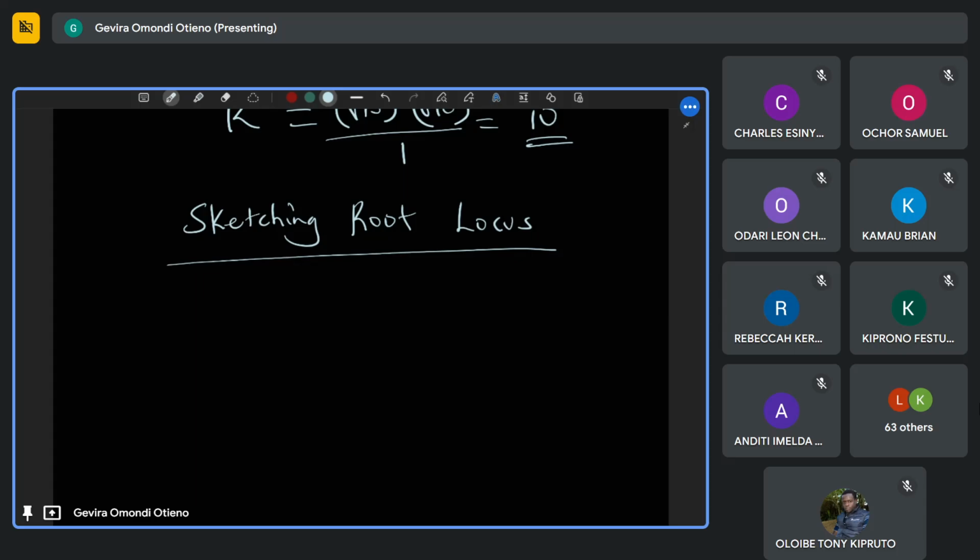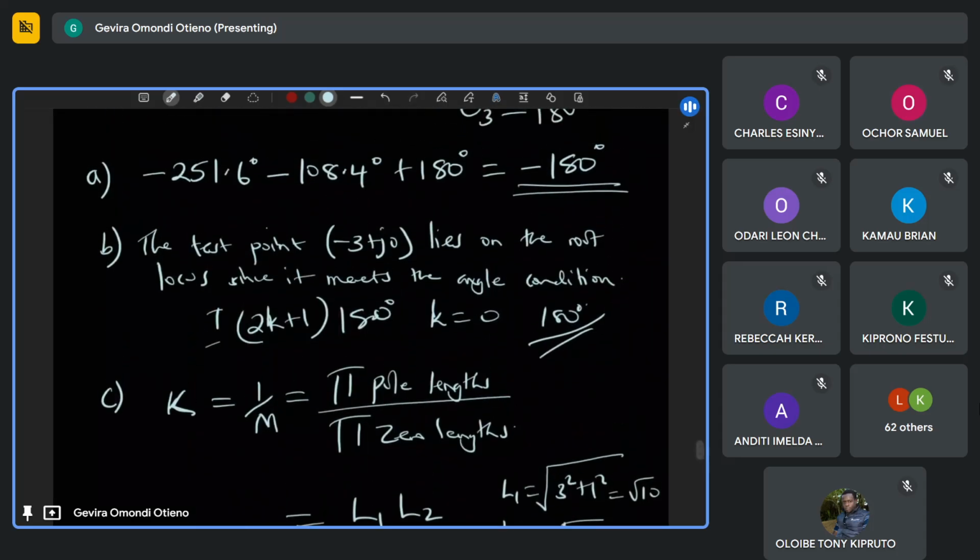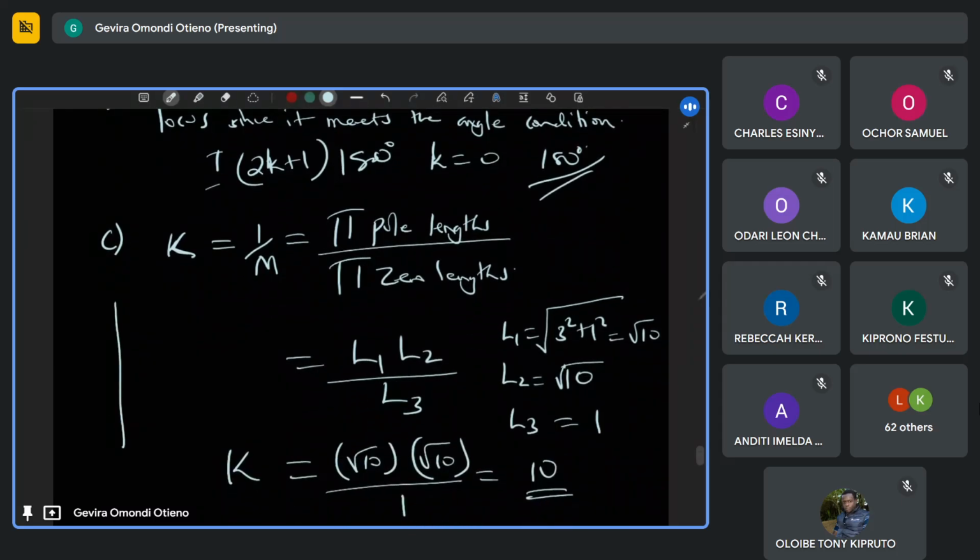You see, from the previous discussion we've had, the root locus can be obtained by just sweeping through every point on the S-plane. You simply check all points on the S-plane and locate those points that meet the angle condition and also the magnitude condition. But that task can be tedious, because you can imagine if this is an S-plane, and I've given you points like that.